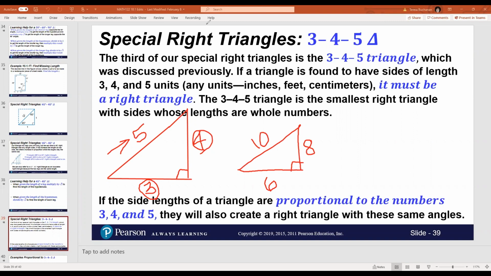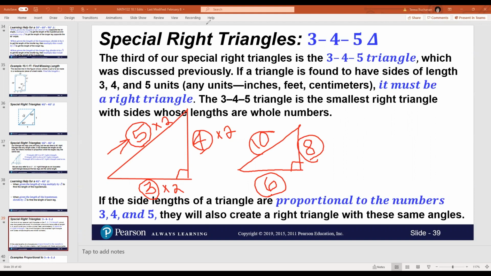How did I know? Because 6 is 3 times 2, 8 is 4 times 2, and therefore my hypotenuse in the new triangle will be 5 times 2, 10.